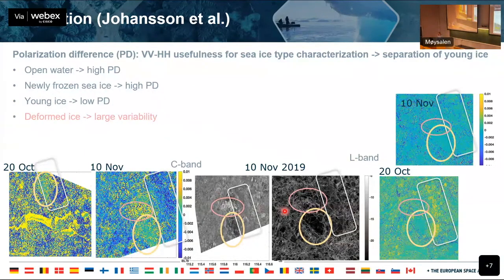So these are images taken from the MOSAiC campaign in 2019-2020, with the C-band images and the L-band images. And actually here we have a much larger variability in the C-band compared to the L-band, likely due to the difference in penetration depth.